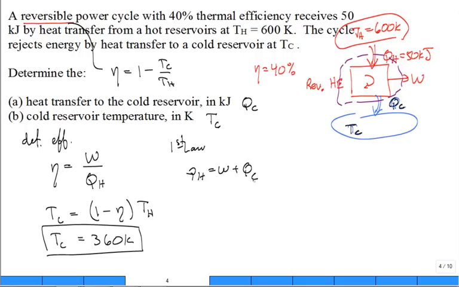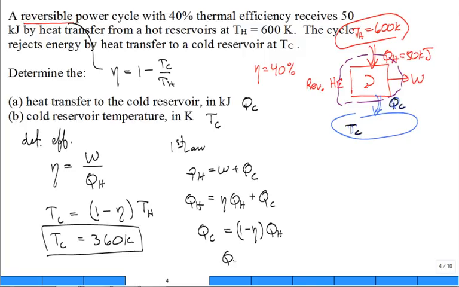Is that true? And then also we can replace that W by eta times QH. And so QC is 1 minus eta times QH.